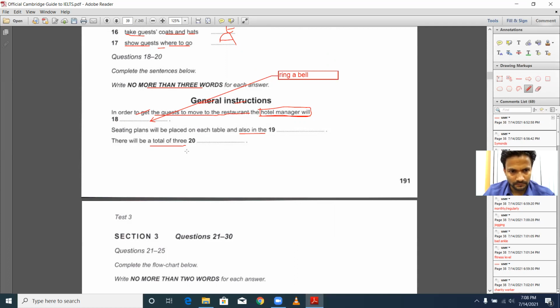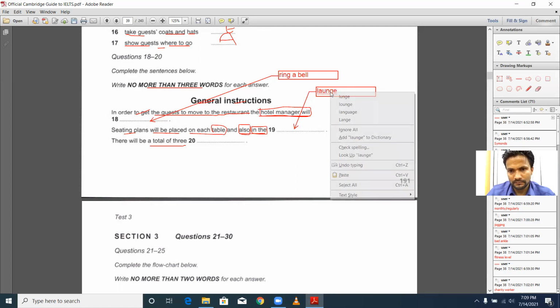Also, for this event, there'll be a seating plan, so the guests won't be able to decide for themselves where to sit. They'll have to sit according to the plan. There will be a plan on each table, and I've been thinking about where to put the master plan so everyone can view it before they enter the restaurant. As they'll be spending quite a while in the lounge, I've decided to also put a plan there. This should speed up the start of the meal. Once the meal starts, you'll all be very busy waiting on the tables, and I'm sure I don't need to tell you to be good-humoured and polite to all the guests.